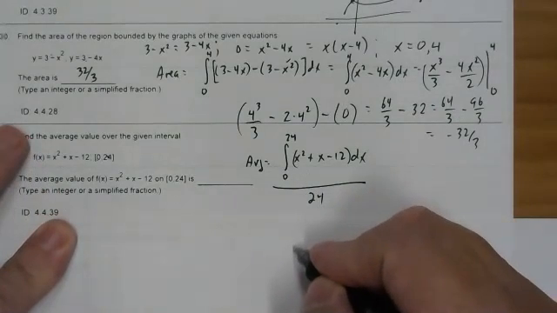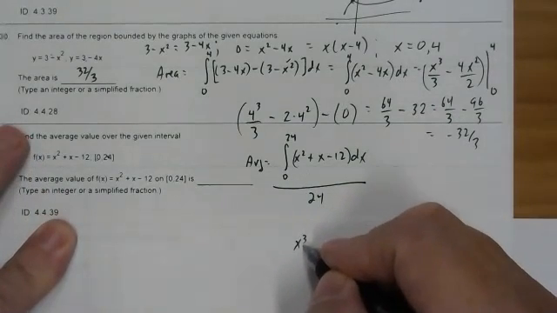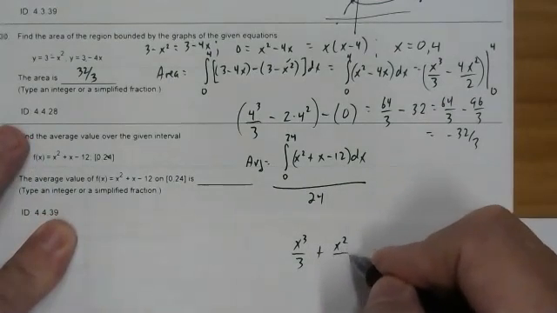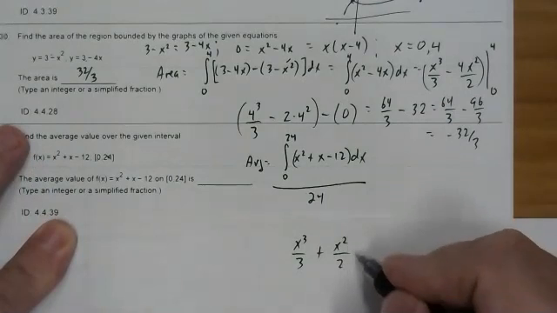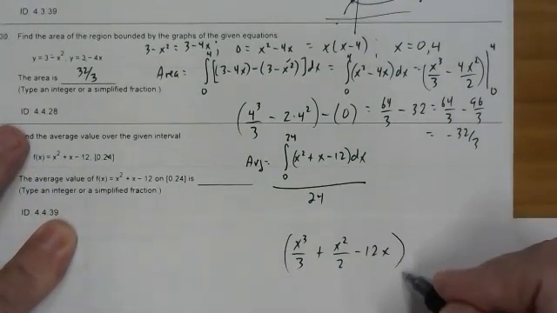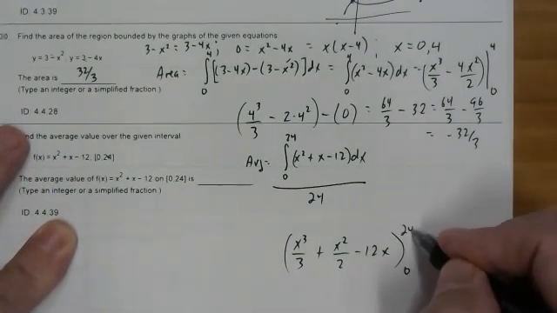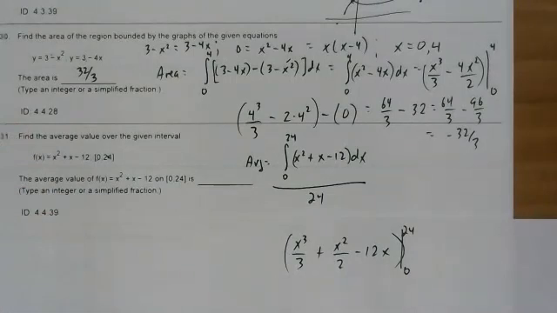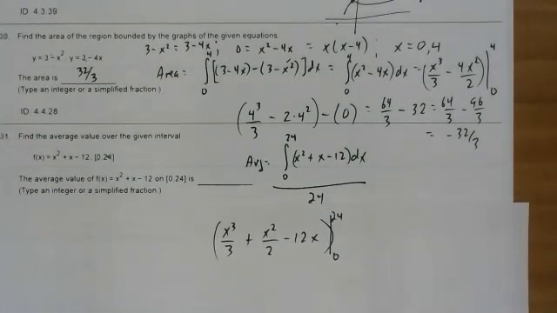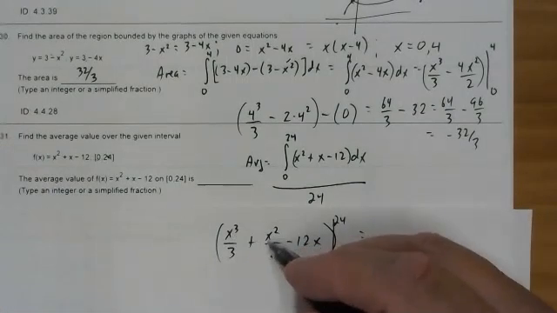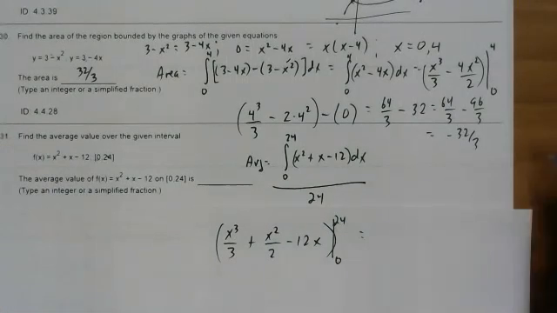So that integral is going to be x cubed over 3 plus x squared over 2 minus 12x. We're going to go from 0 to 24. Now the nice thing is the 0 part, they're all zeros, so nothing to subtract.